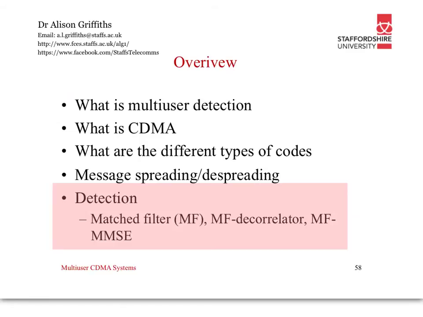It depends on the application, what accuracy is required, and what the channel conditions are. The simplest case is the matched filter, then the matched filter decorrelator, and finally the matched filter minimum mean squared error. We will talk about what each of those are. Again, you will do this in your laboratory session.